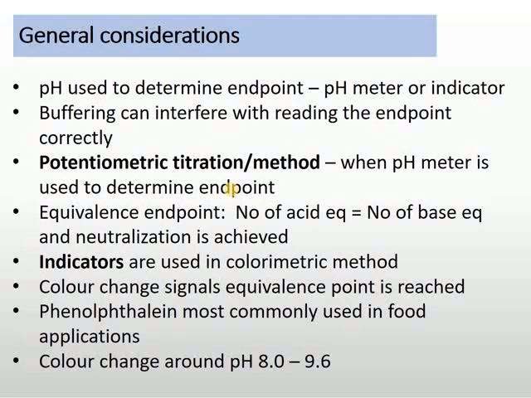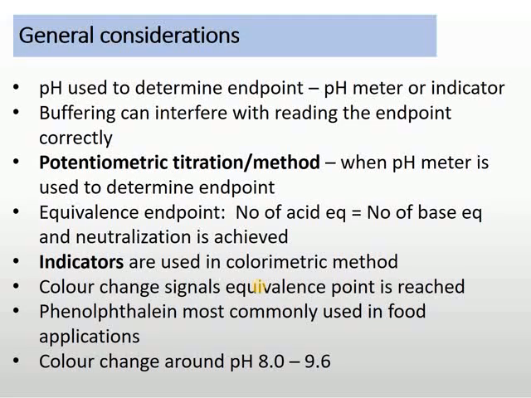And as I already mentioned, I would always prefer to use the pH meter, because it will be more accurate, especially if there are color components coming from the actual product. And then also the buffering can interfere with the reading of the end point, so that will become a problem.